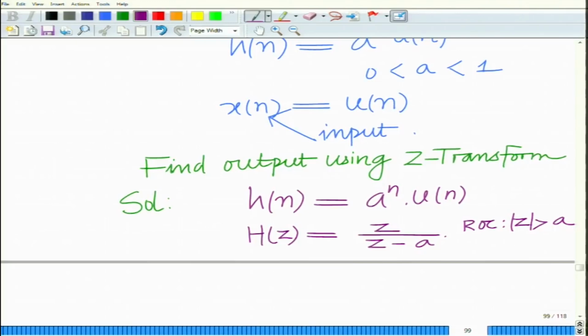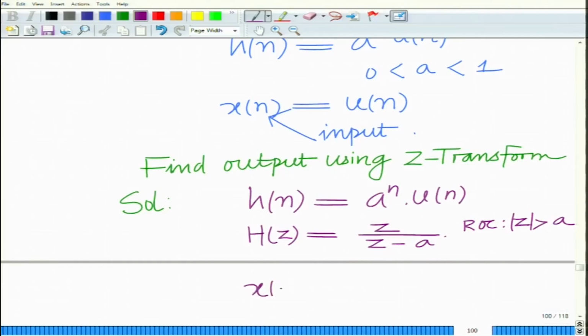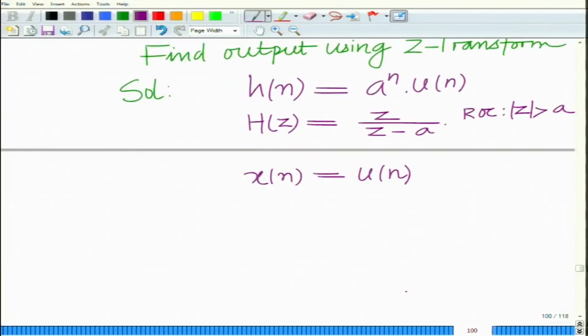This is the z transform of a right sided signal, a to the n u n. Now, let us look at x n. x n equals simply u n, and therefore, the z transform of this is X of z equals z over z minus 1.